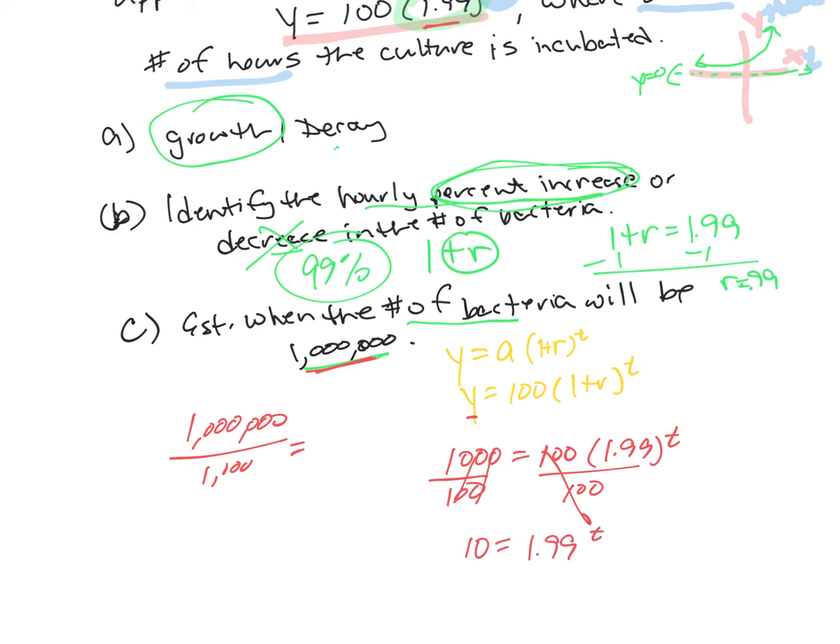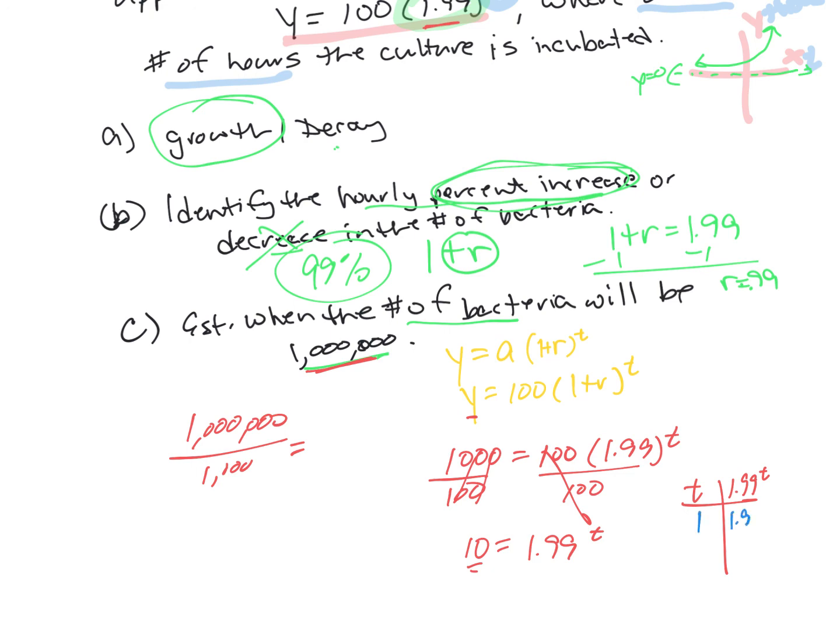Eventually we'll be able to understand how to undo this exponential function, but for right now, we're going to use a t-chart to decide. So t is your x, and we're saying 1.99 to the power of t, and I need it to be close to 10. So you're going to get out your calculator.